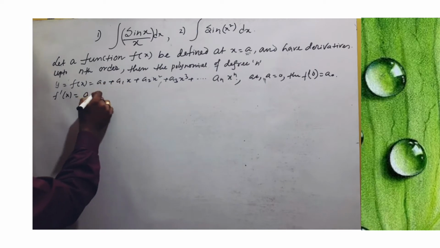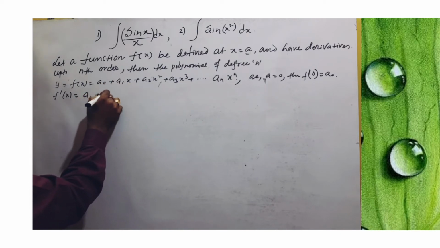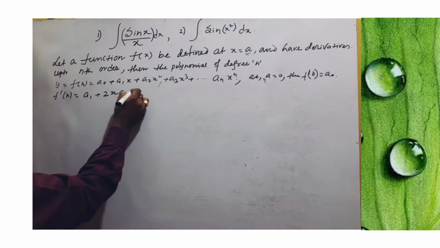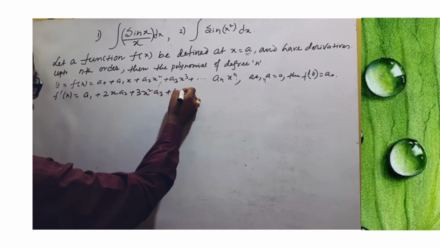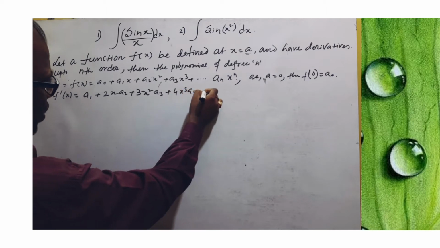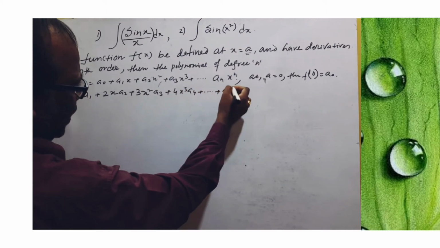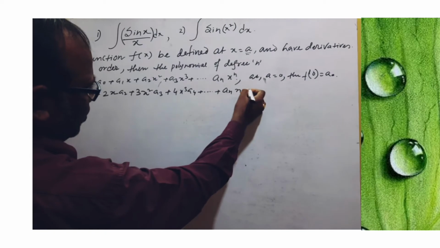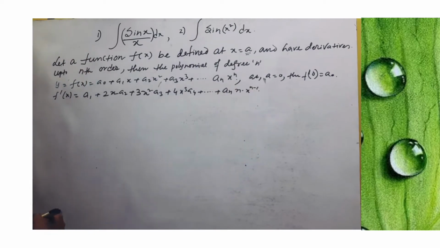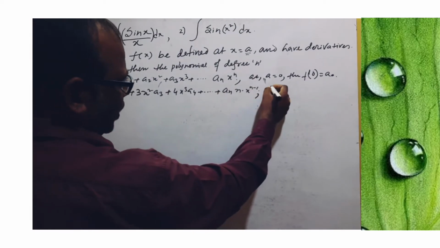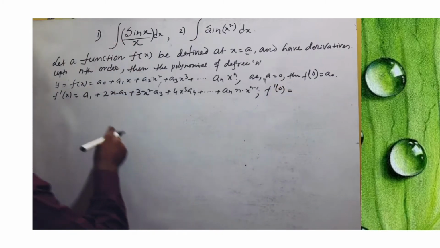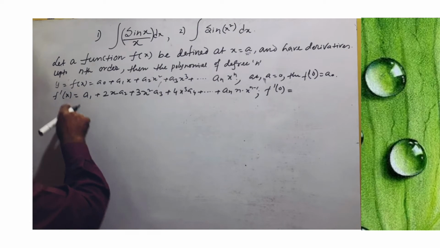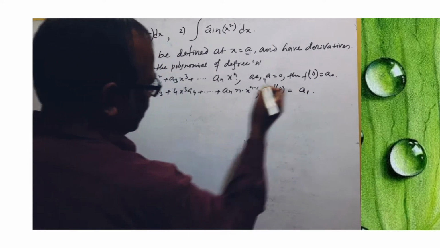Now differentiate this. We get a1 plus 2x a2 plus 3x square a3 plus 4x cube a4 plus dot dot, a suffix n into n x to the power n minus 1. Now again putting 0 in the first order differentiation, all the terms are zero, and we get only a1.